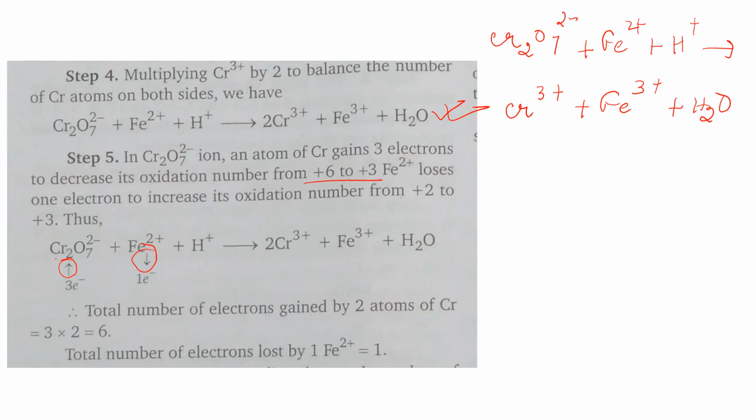So the total number of electrons gained, now I am having 2 chromium, so each chromium atom is gaining 3 electrons. I am having 2 chromium atoms because Cr2. So 2 chromium atoms are gaining 6 electrons. Am I clear? But iron, each iron atom is losing 1 electron. So my coefficient is, that means I have to multiply chromium by 1 and iron by 6.